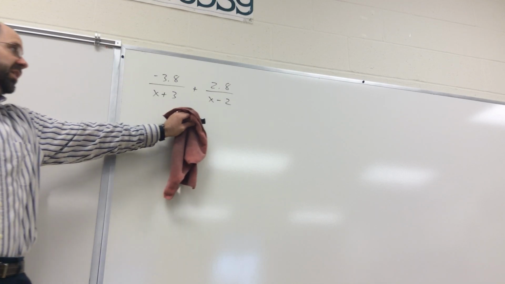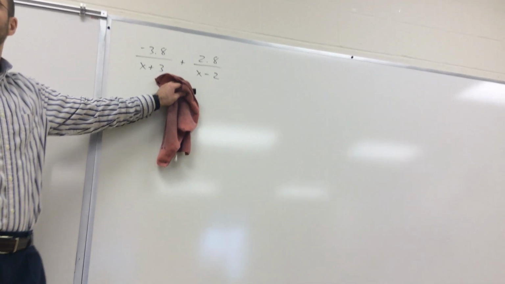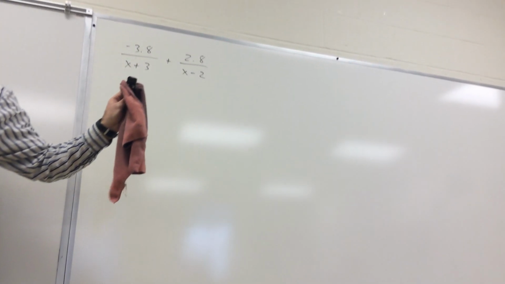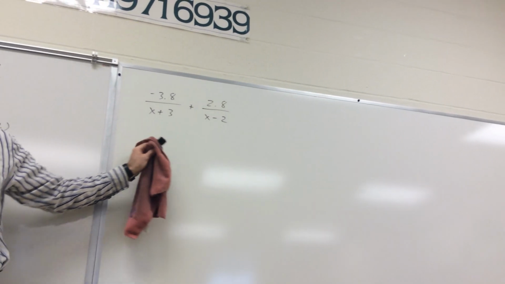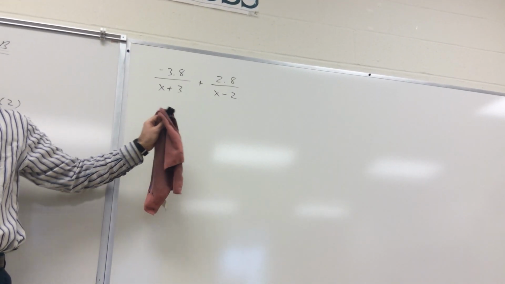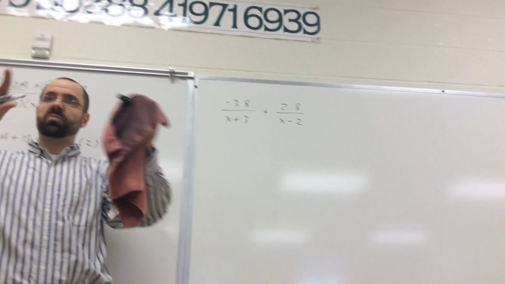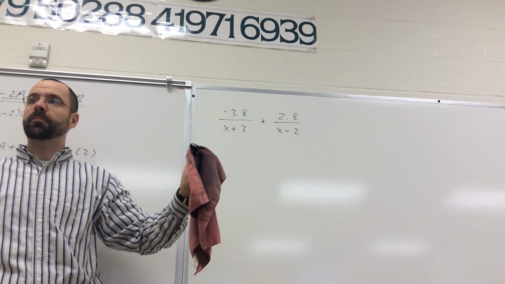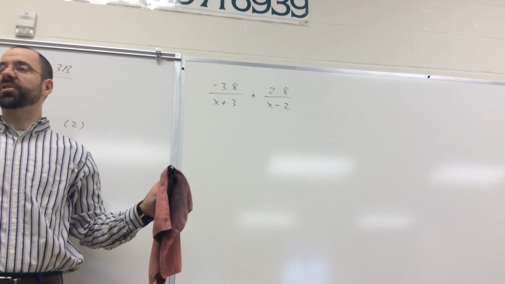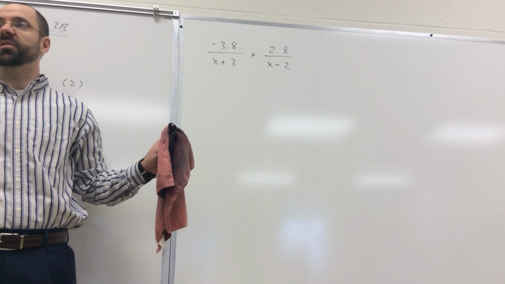Everybody did okay. Do you believe that this is the same as 16 minus x over x plus 3 times x minus 2? So it's just the fraction split up into two fractions. Okay, that process that we just did is called partial fraction decomposition.